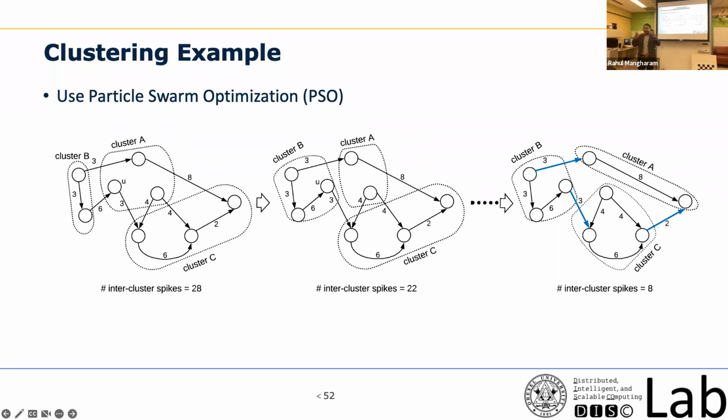Remember, each cluster goes on a core, so intercluster communication uses the interconnect. If you minimize the number of intercluster spikes, you minimize the chances of losses. That is exactly what we do using particle swarm optimization, where we cut the graph in such a way that the weight is minimized.